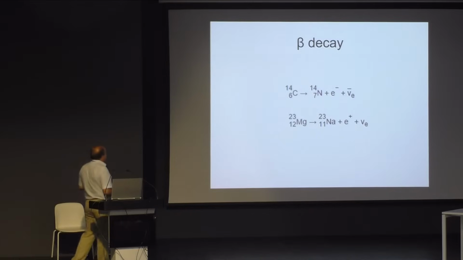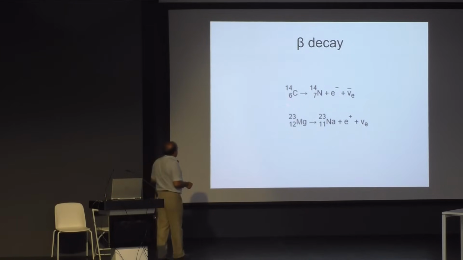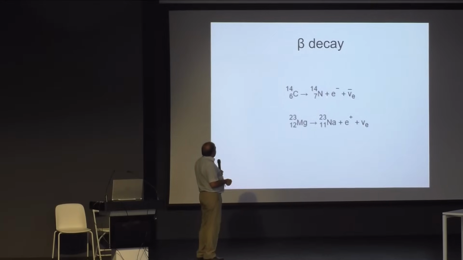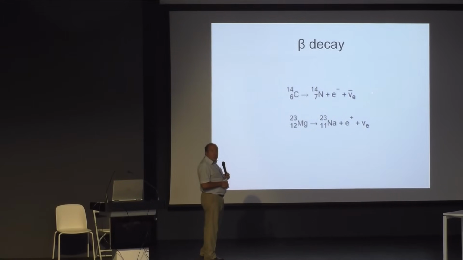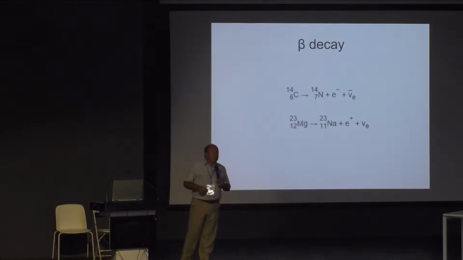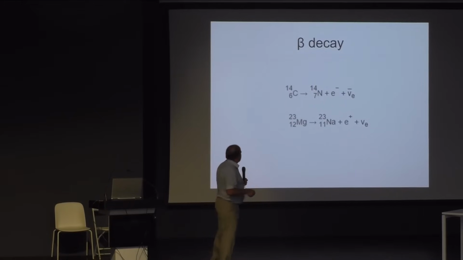Now this is the beta decay, as I mentioned, the nucleus splitting and producing particles. Do you know what this symbol shows? Yes, an electron.